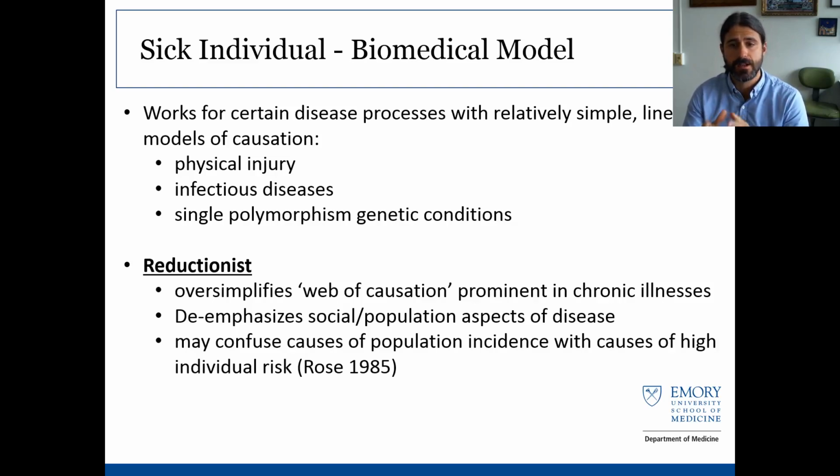And then it may confuse causes of population incidence with causes of high individual risk for disease. I don't have time to discuss this important concept today, but I will send out this article, Rose 1985, which is a really fantastic read that goes over this in detail.